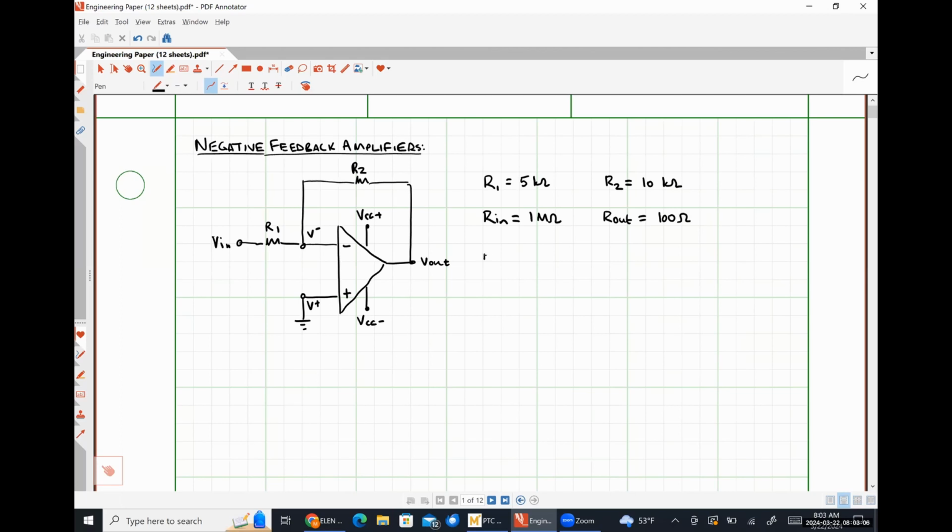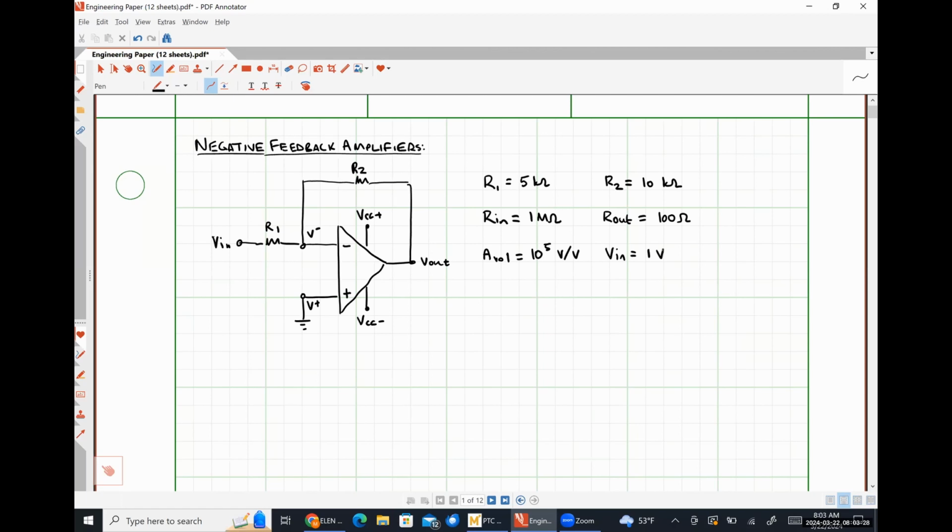Our open loop voltage gain, AVOL, is going to be 100,000 or 10 to the 5 volts per volt. And our input voltage, in this case, we'll make things simple and just do a 1 volt DC input voltage.